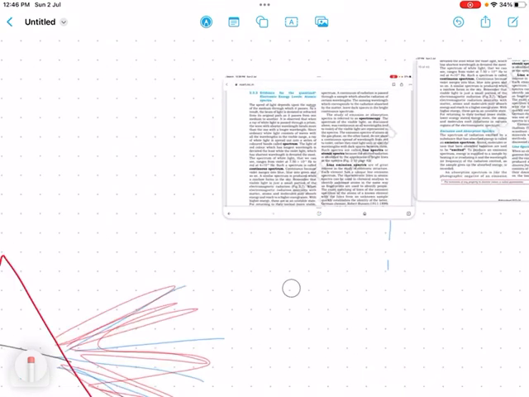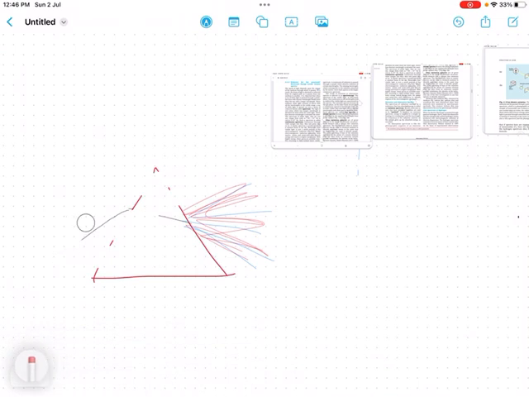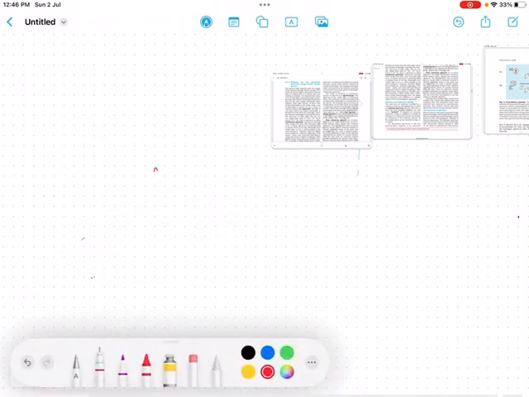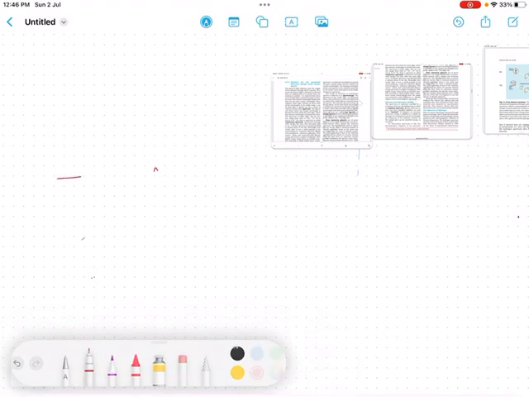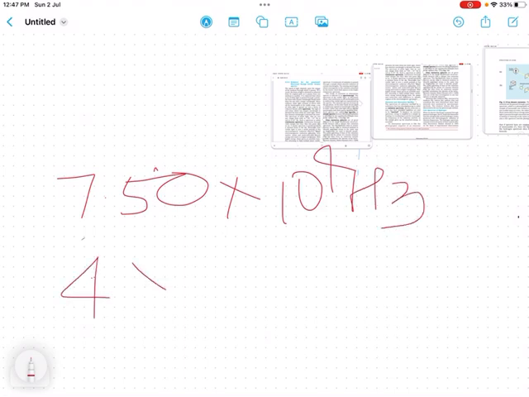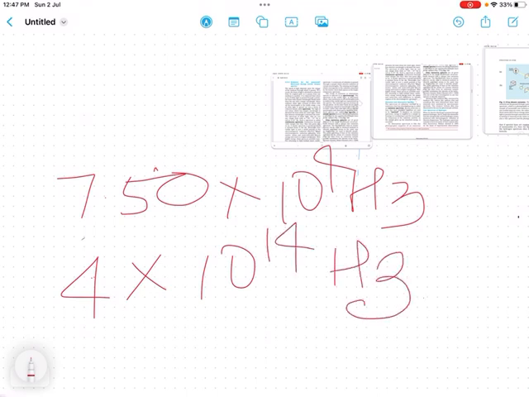Kindly note these. The violet is at the range of 7.50 into 10 power 14 hertz, and red at 4 into 10 power 14 hertz. I guess you are opening your NCERT, so you can refer side by side.